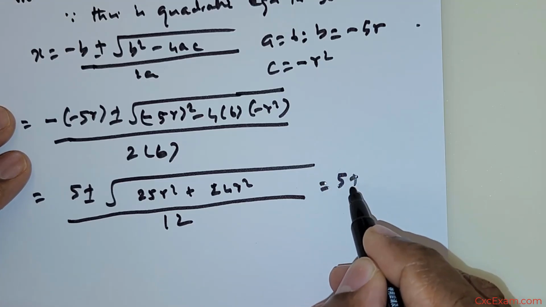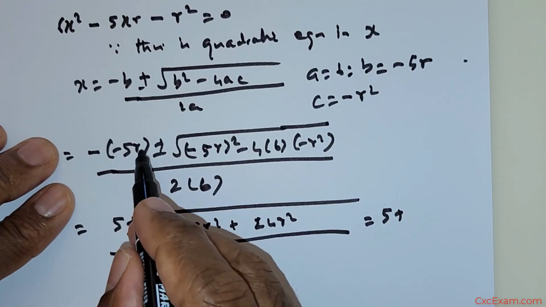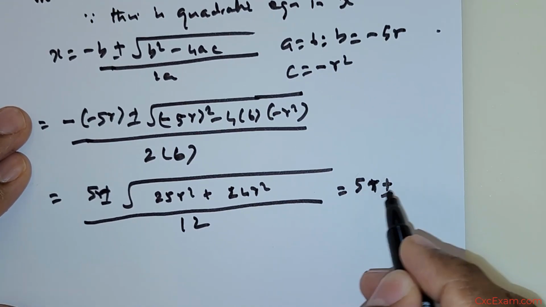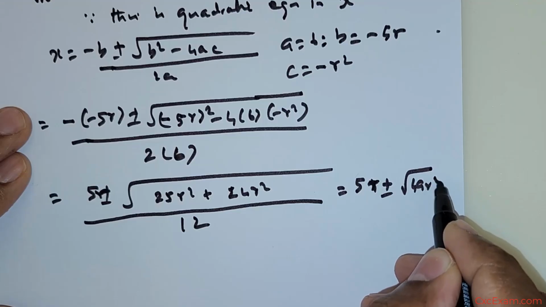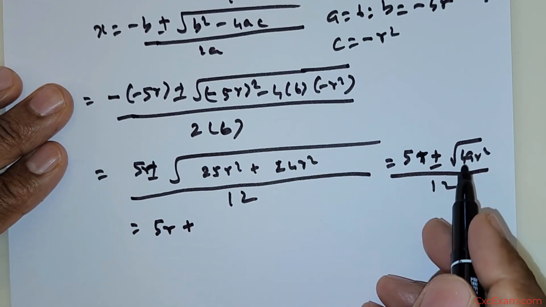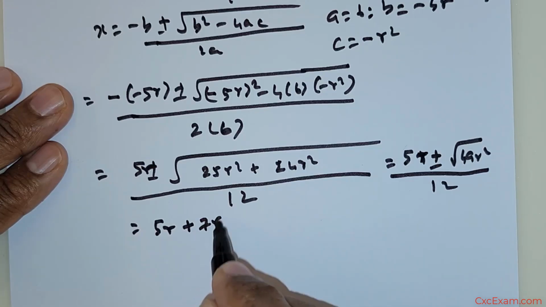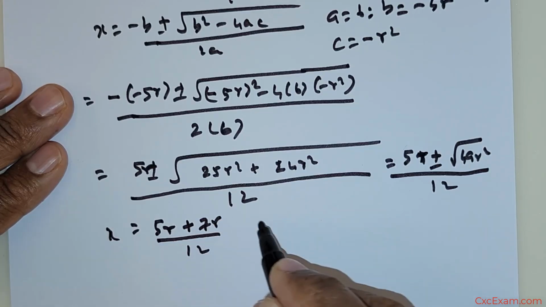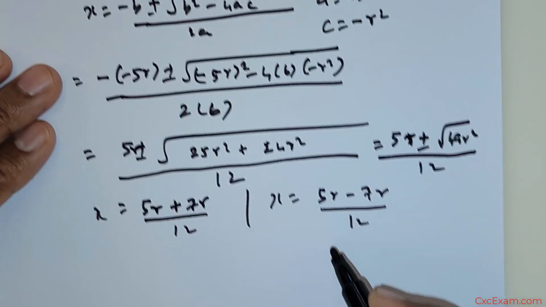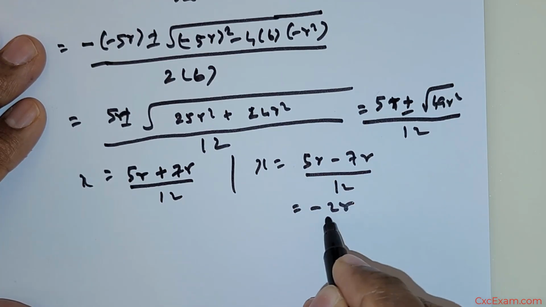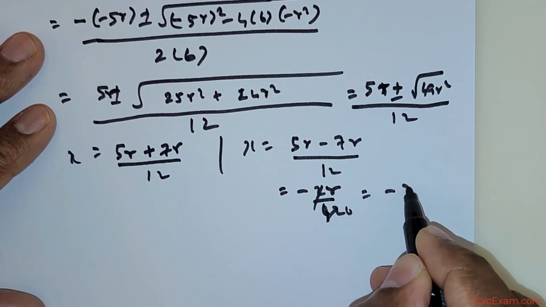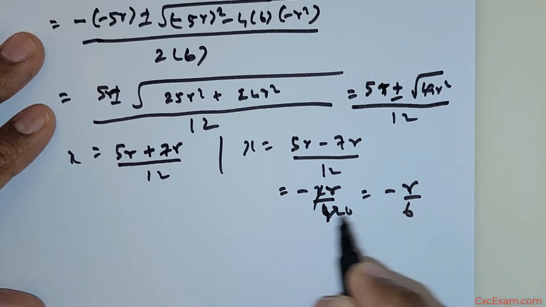So this is 5r plus or minus root of 49r squared divided by 12. So you get 5r plus 7r, that is one value, then 5r minus 7r divided by 12. So this is going to give you negative 2r divided by 12, which is negative r divided by 6.